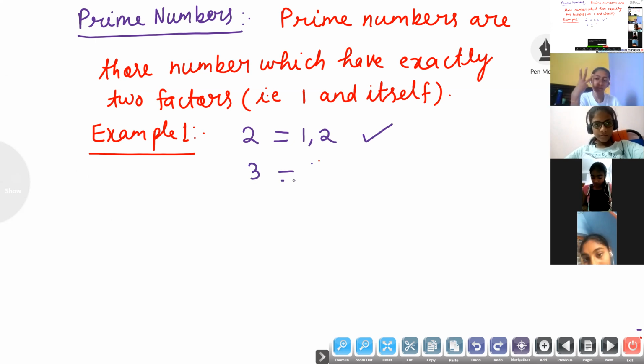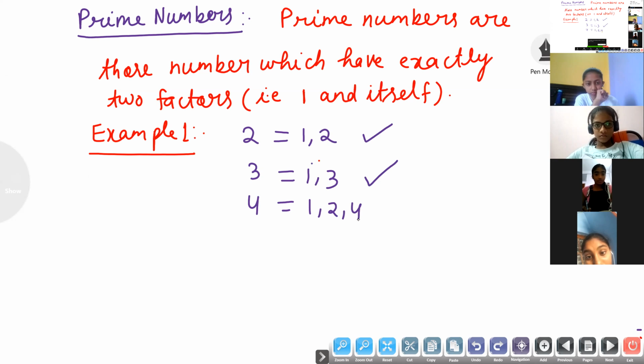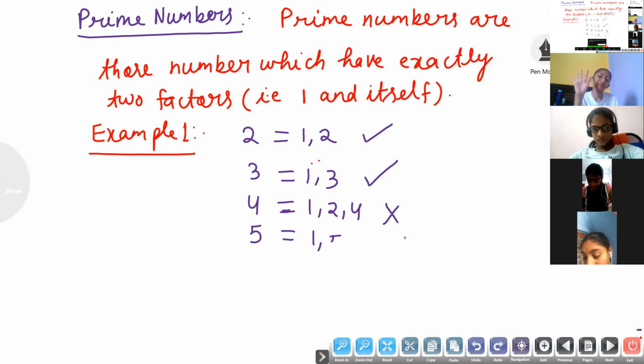Yes. 3 is coming in the one table and the three table. Exactly 2. Is 4 a prime number? One table, two table, four table. No, more than 2 is coming. 5 is a prime number. Yes. 5 is coming in the one table and the five table.